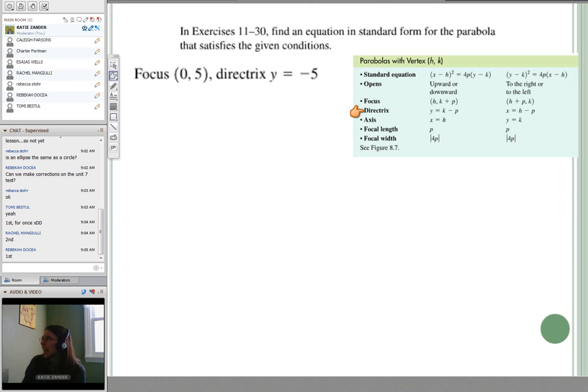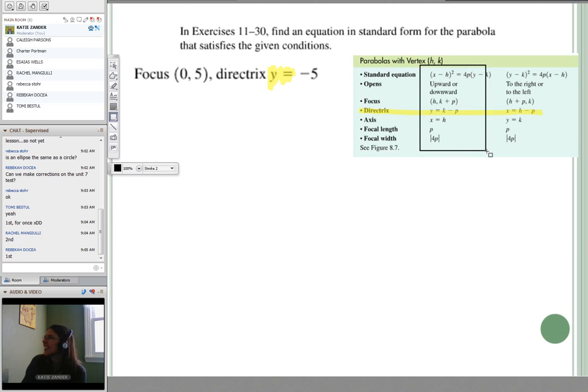If we take a look at the directrix, I think that's the major one that's going to give it away. Notice that's y equals. So when I look at that directrix row, I want the one that has the y equals. Sometimes our eyes play tricks on us with how things line up. If you saw the x equals and y equals down here, that might have thrown you for a loop and made you choose column 2. But it is going to be our column 1 for once.